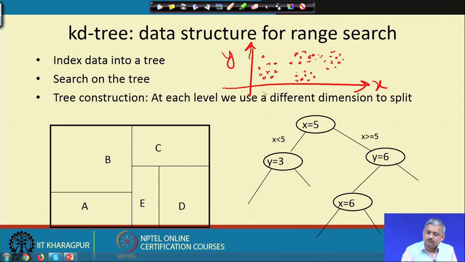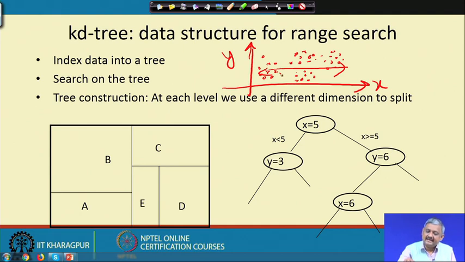I see along which axis the variance, the spread of the data, is highest. Okay. So, in this case x has a higher spread than y.